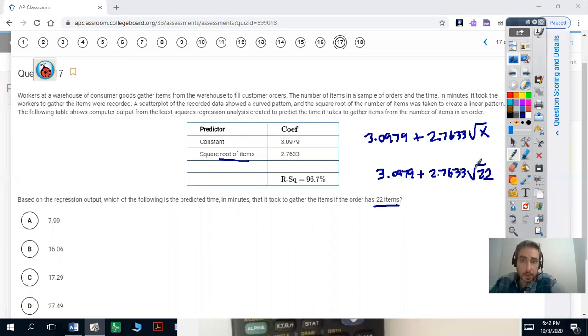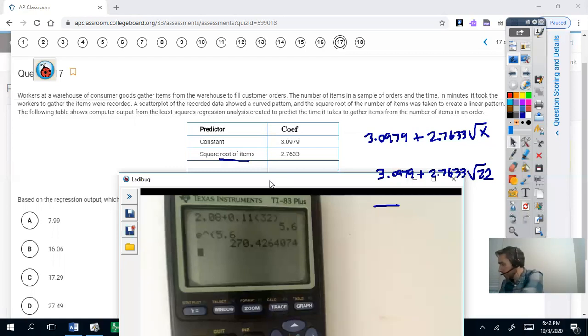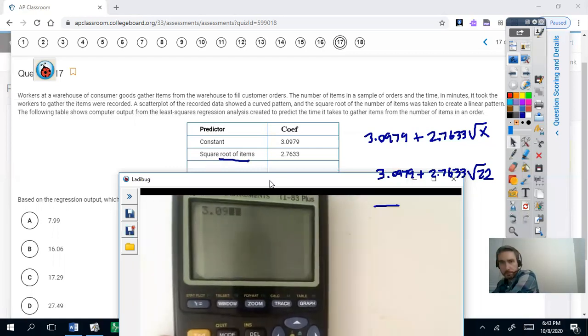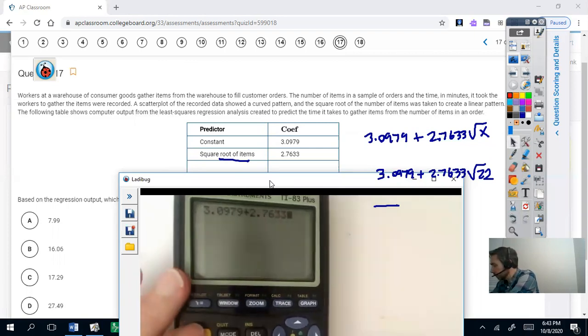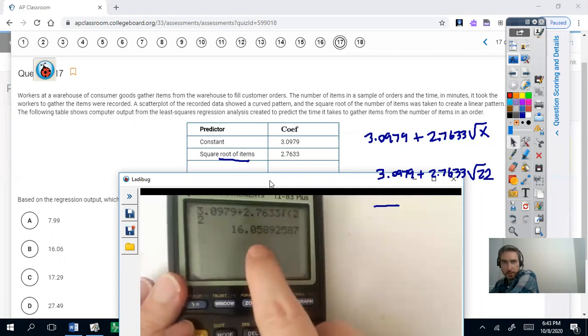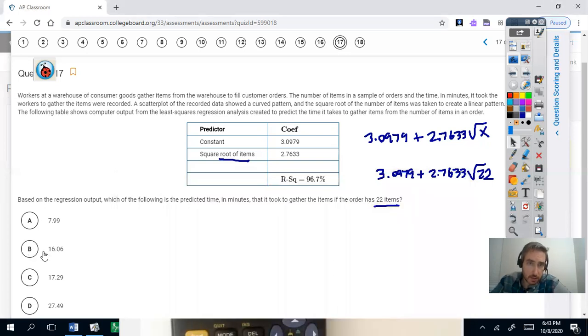Of course, that's going to be a decimal of sorts, but let's see if we can calculate that. And we're talking about 16.058, so 16.06 minutes.